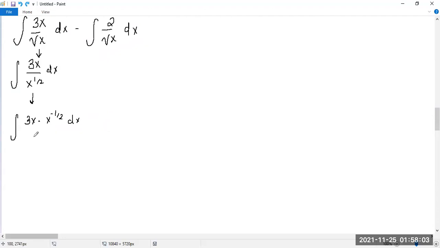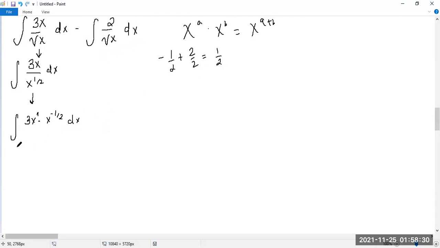What strikes me in terms of simplification is, how can I combine the x's? If I have x to the a times x to the b, then I can do x to the a plus b, I can just add the exponents. The exponent here is 1, the exponent here is negative 1/2. So negative 1/2 plus 1 is the same thing as negative 1/2 plus 2 over 2, which is 1 over 2.